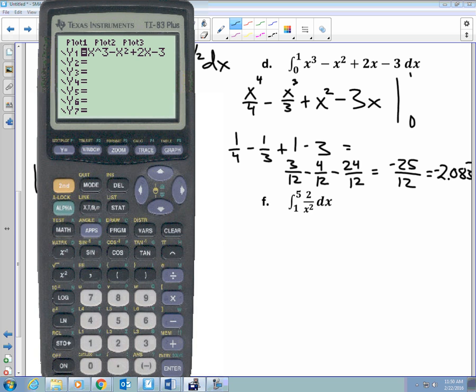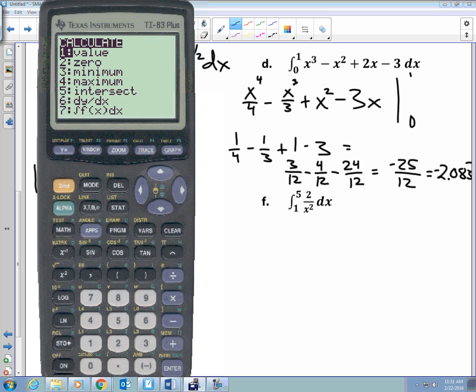And if I do that, I'm going to zoom standard and look at the function from 0 to 1. Is the function below the x-axis or above? So therefore, the area will turn out to be negative.